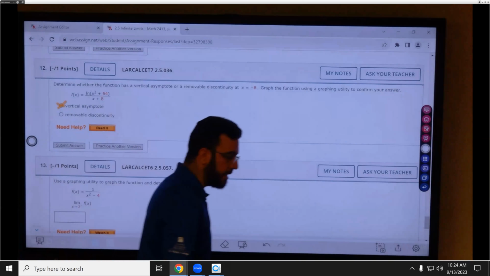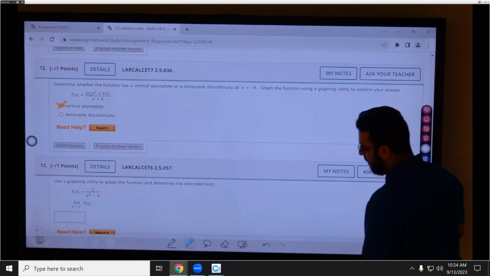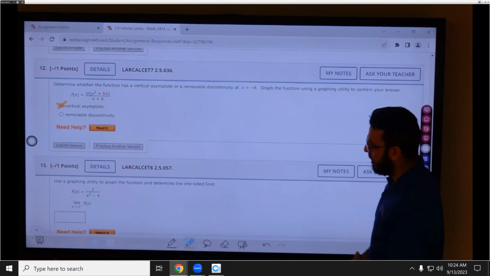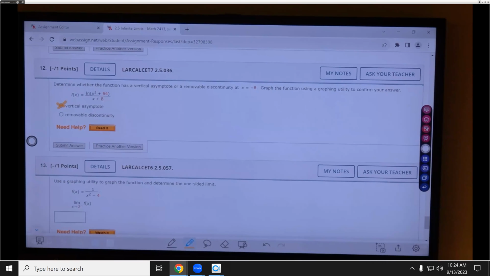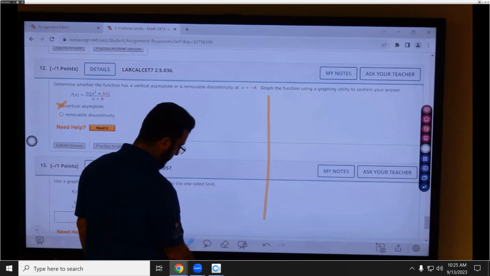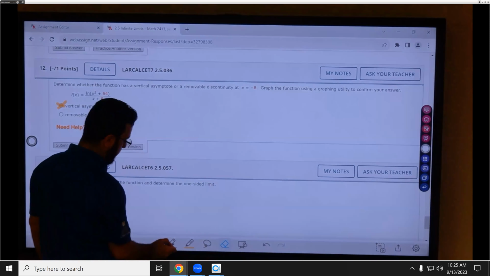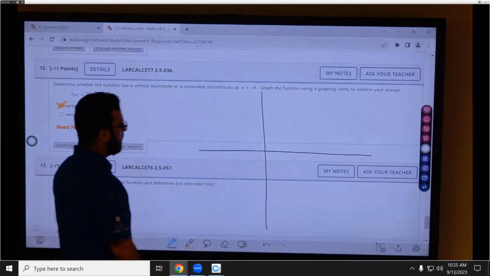What about the next one? Find the vertical asymptote. What did I ask you? Oh, use the graph utility to graph the function and find the vertical asymptote. Go ahead, use it. Tell me the limit. I'm going to do a simple graph for this example. In a simple graph, how many asymptotes do I have?